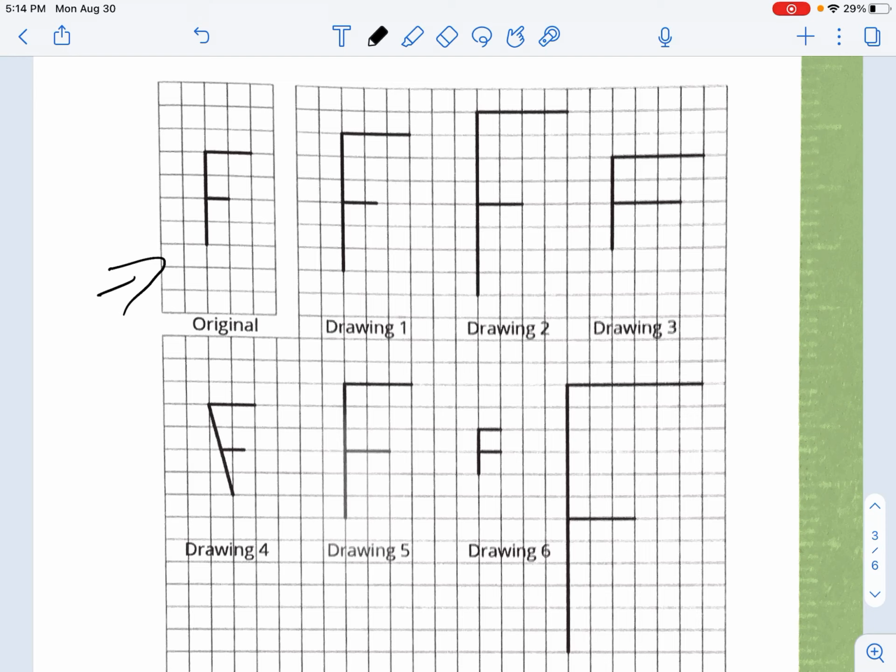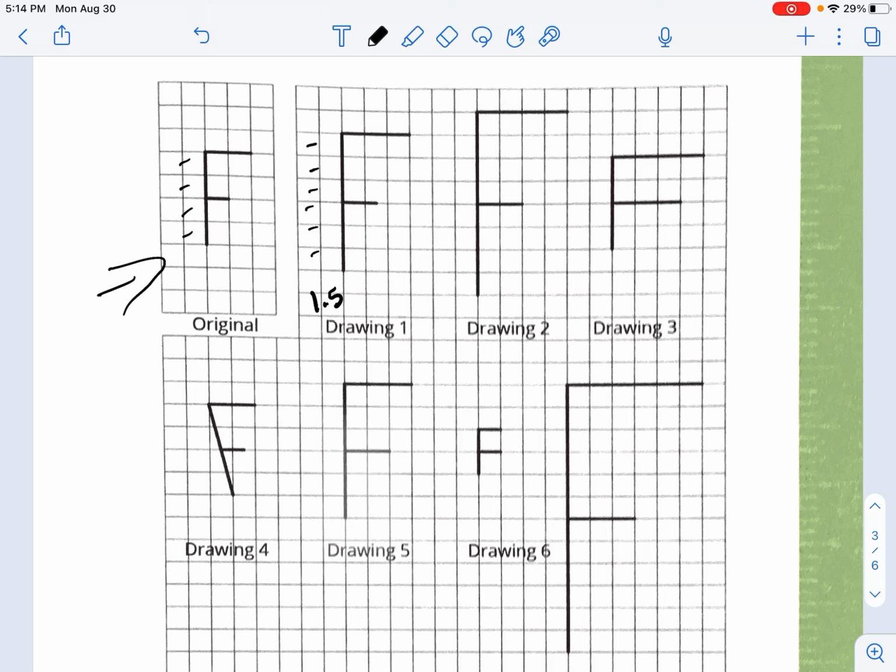All right, so looking at this, we note the number of units here for height. This one is 6 units. The original one was 4 units. So we're looking for a number that you'd multiply 4 by to get 6. Well, that is 1.5. Now if this is a scale copy of the original, we multiply every length by this factor.